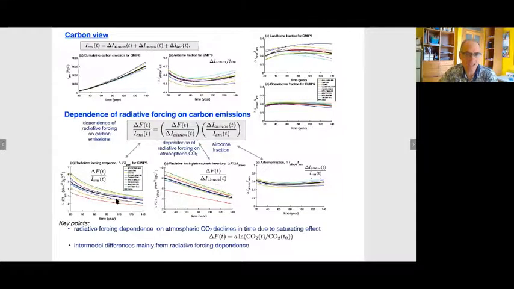That decline in time you can relate to two contributions. One is the ratio of the radiative forcing change and the change in the airborne atmospheric carbon inventory, and that declines in time due to a saturating effect. And then lastly, there's the airborne fraction. So what we can see from that is that there are quite significant intermodel differences because of the differences in how the radiative forcing saturates with atmospheric CO2.